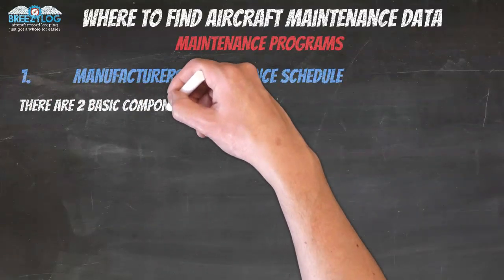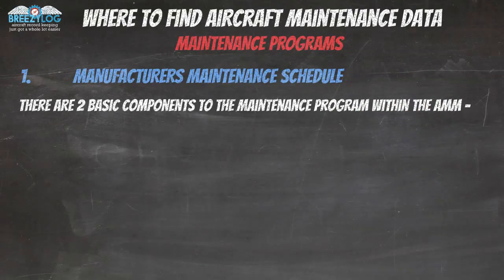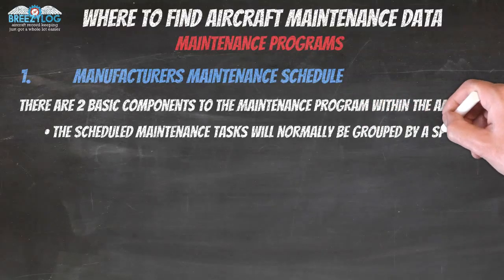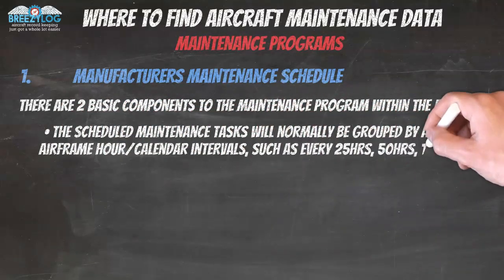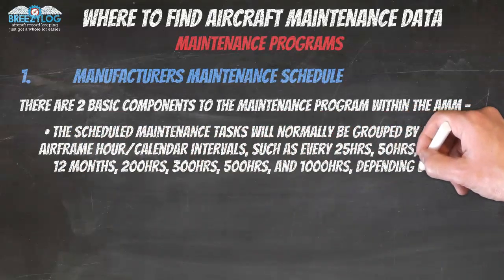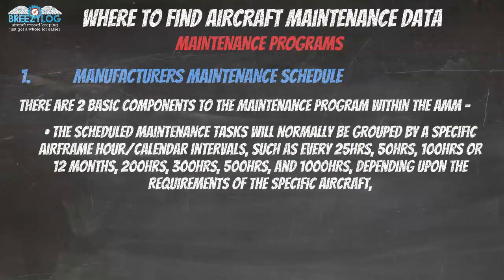There are 2 basic components to the maintenance program within the AMM. The scheduled maintenance tasks will normally be grouped by a specific airframe hour or calendar intervals, such as every 25 hours, 50 hours, 100 hours, or 12 months, 200 hours, 300 hours, 500 hours, and 1,000 hours, depending upon the requirements of the specific aircraft.